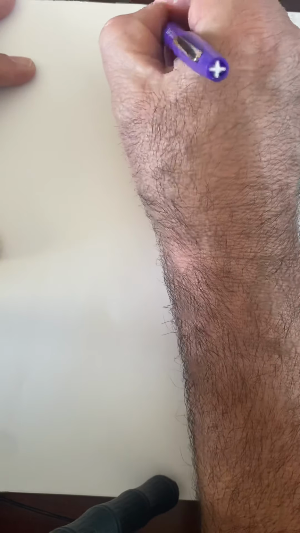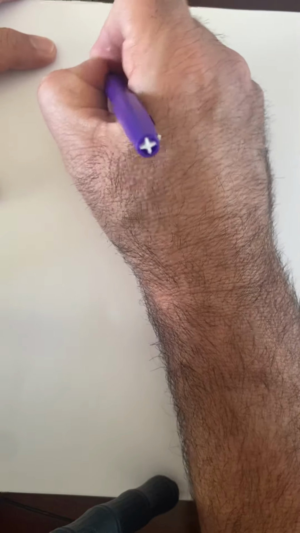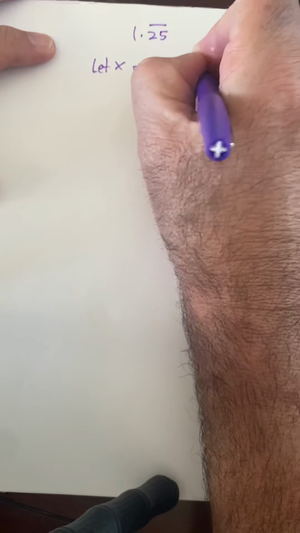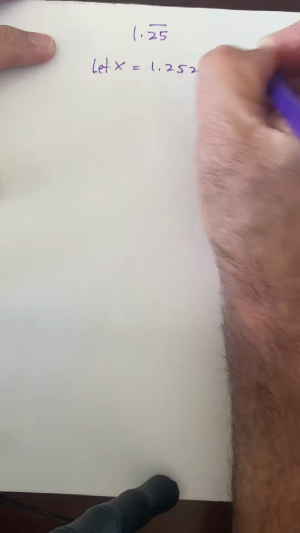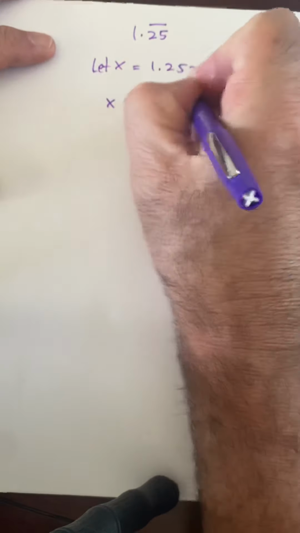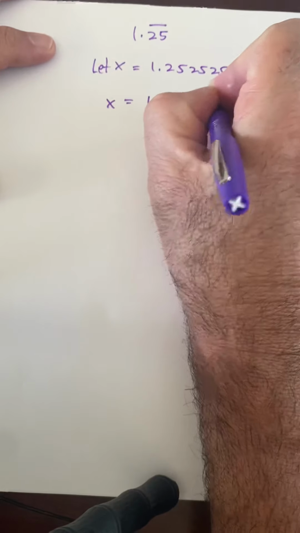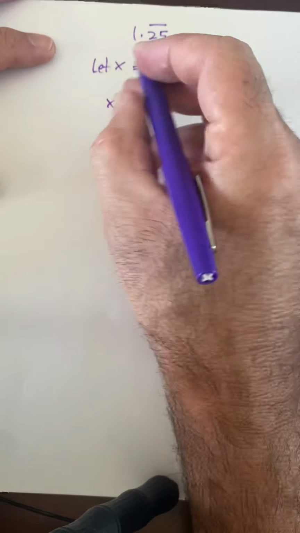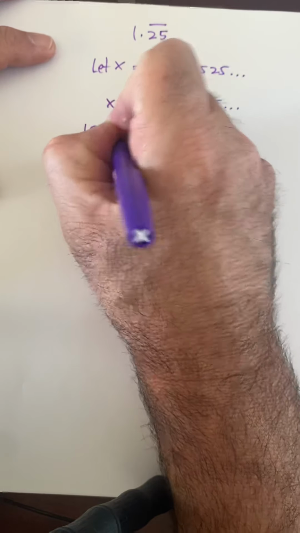Okay? Last one I want to show you is a mixed number. So let's use a simple one. 1.25 and the 25 repeats. I have 2 repeating digits. So let x equal 1.252525... Write my equation. 2 digits repeat, that means multiply by 100.